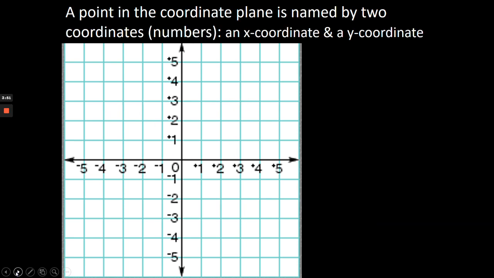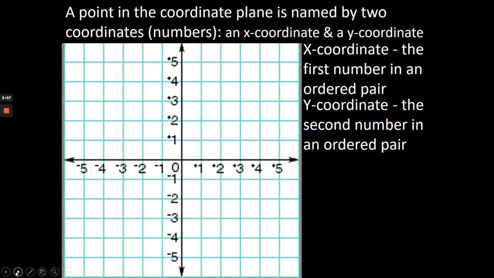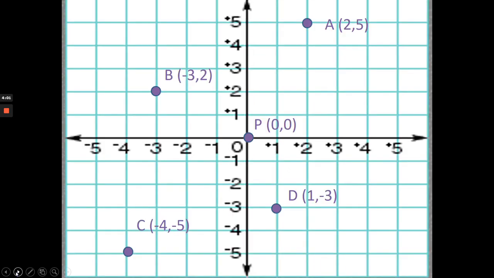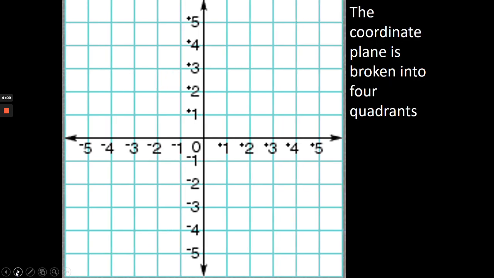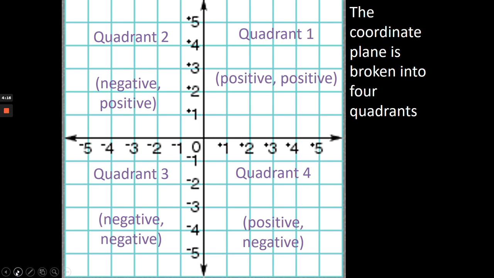Then we would talk about how you can plot points on a graph and talk about the coordinates, the x coordinate, the y coordinate, the ordered pair. And then we talk about how those plots are pointed, how to read the graph. And then we talk about the quadrants. Quadrant 1, 2, 3, and 4.